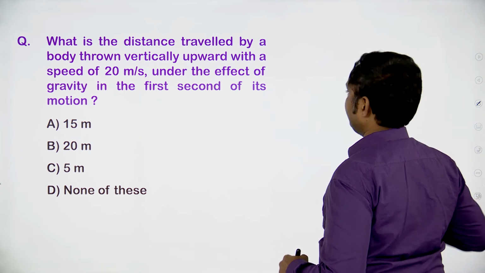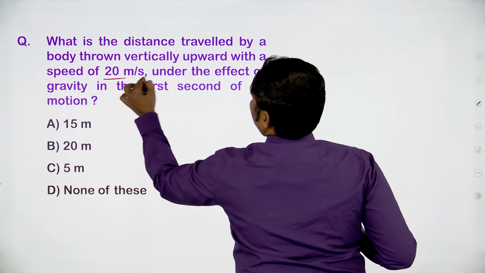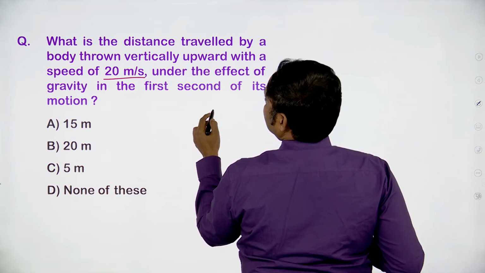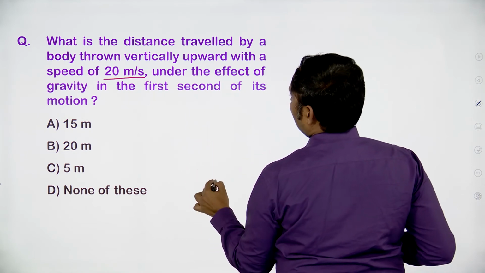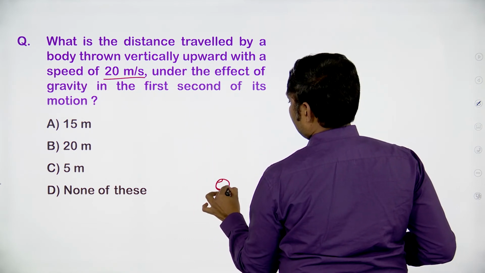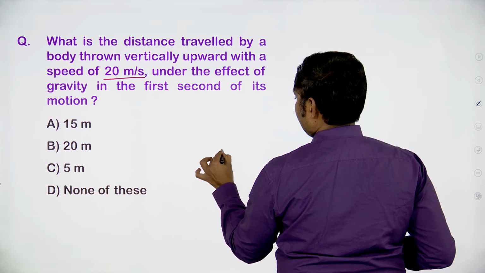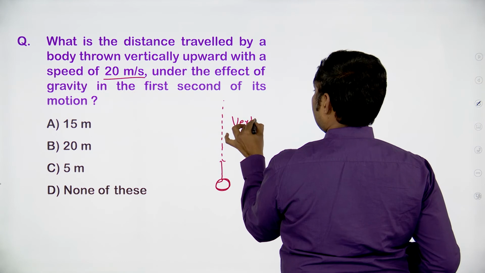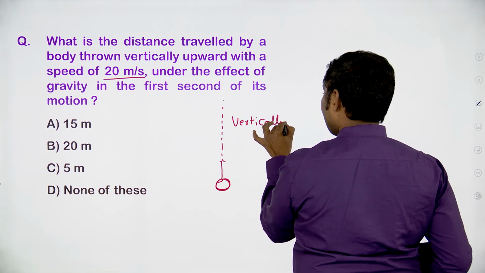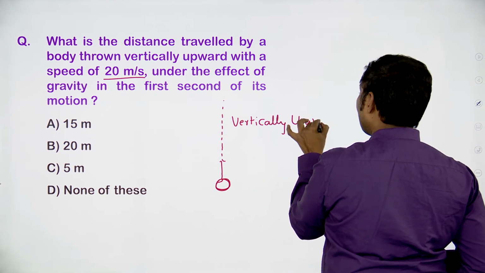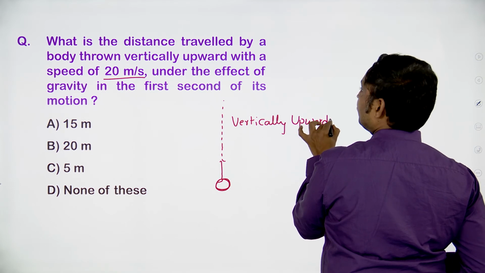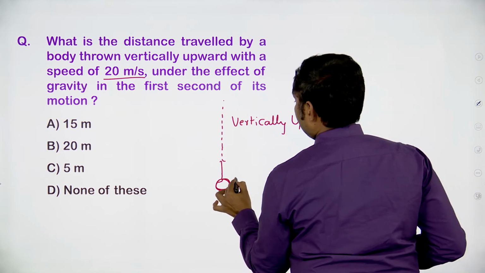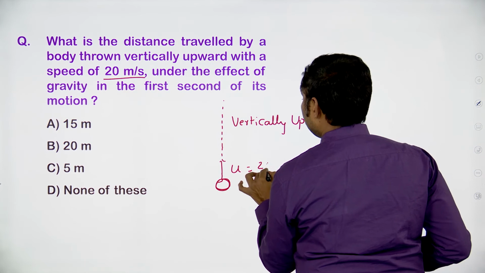Okay, right. The body is going to be thrown vertically upwards. What about that? u is equal to 20 meter per second.